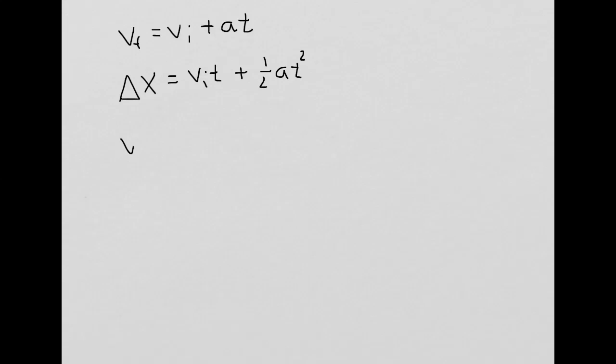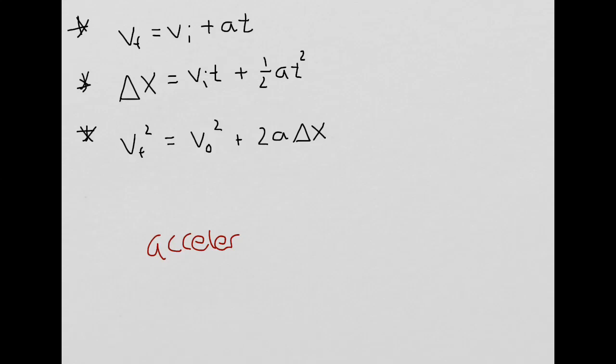And then finally, final velocity squared equals initial velocity squared plus 2 times acceleration times change in position. So those are your 3 important formulas from this lesson. And an important note here is that to use any of these, acceleration must be constant.